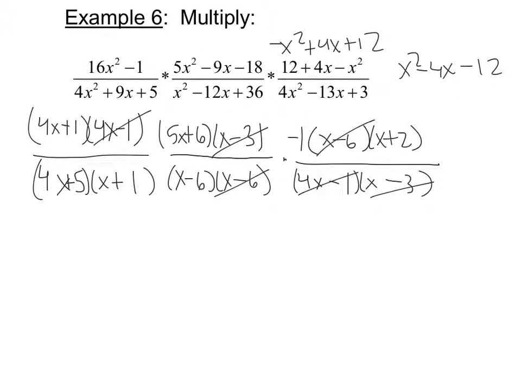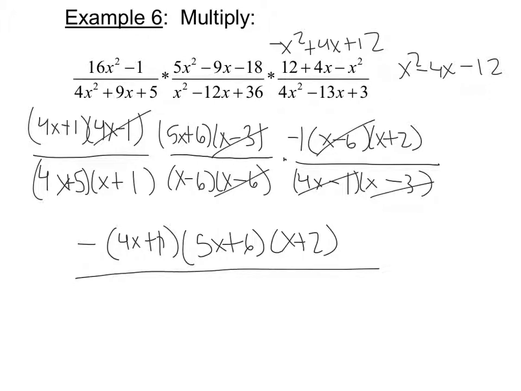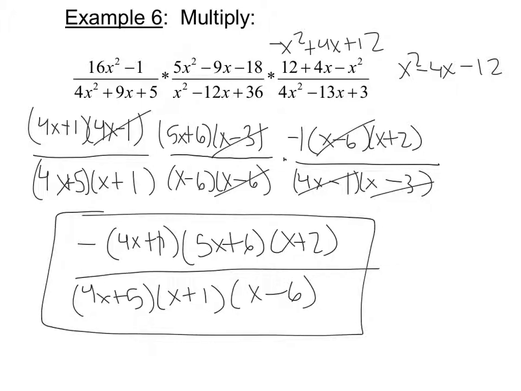So I have this negative, so I'm going to have negative 4x plus 1, 5x plus 6, x plus 2, over 4x plus 5, x plus 1, x minus 6. Nothing else is the same, so we're good. So let's take a look at some more.